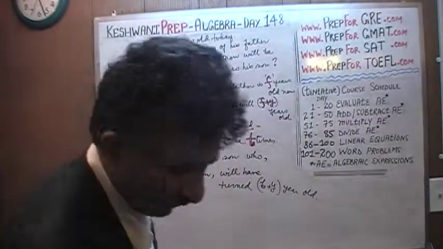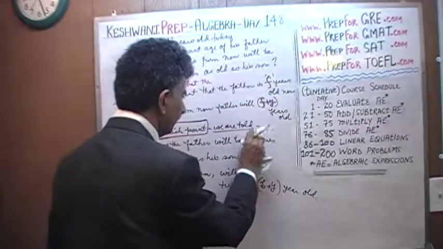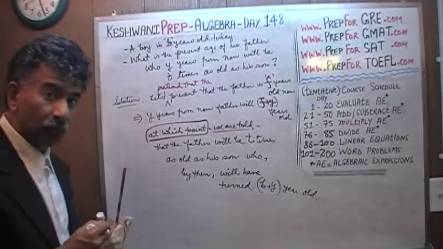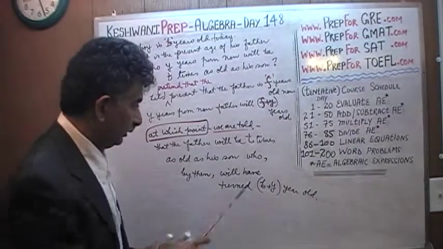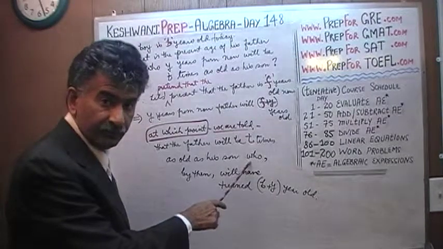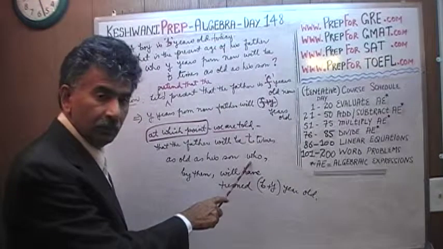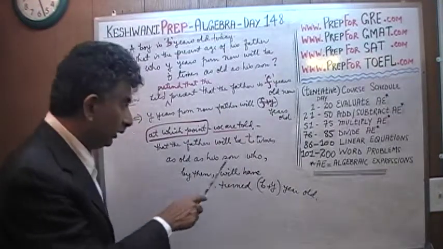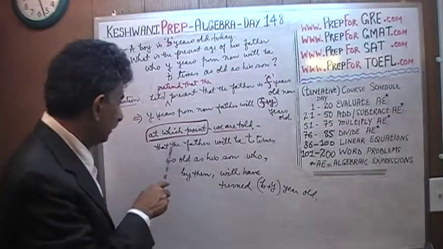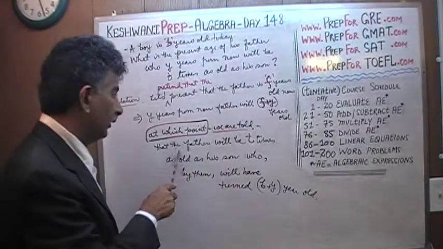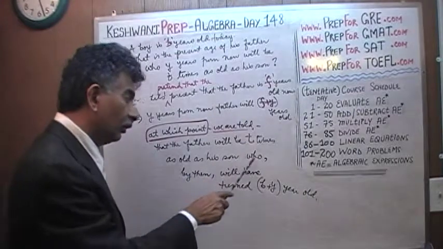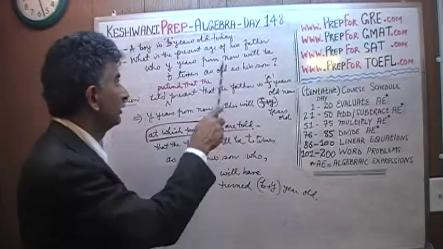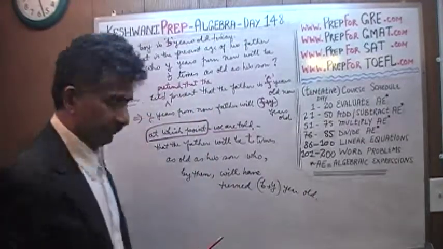I shouldn't do this writing over it because it actually makes it more difficult to read. Will have turned T times as old as his son. This pronoun here, who, refers to the boy. At which point we are told that the father will be T times as old as his son, who, the son, by then will have turned B years, his current age, plus Y more years.